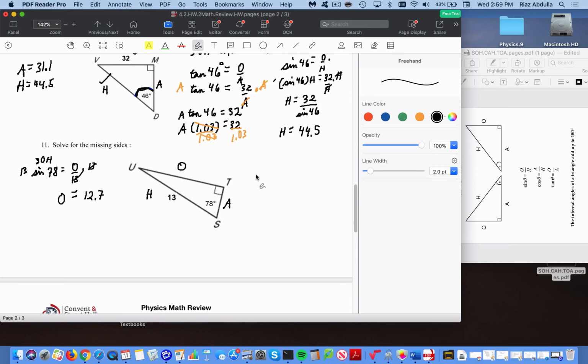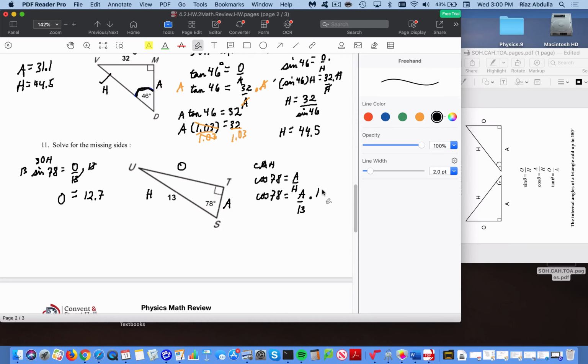Next, let's get the adjacent. So I'll use cosine. So the cosine of 78 is going to be the adjacent over the hypotenuse. That's going to be cosine of 78 equals A over 13.